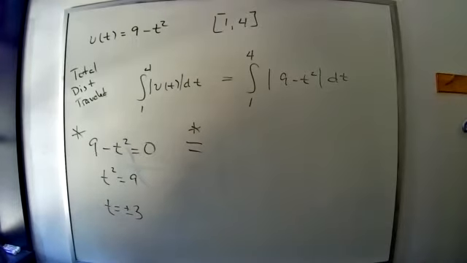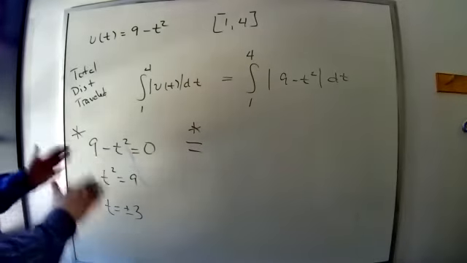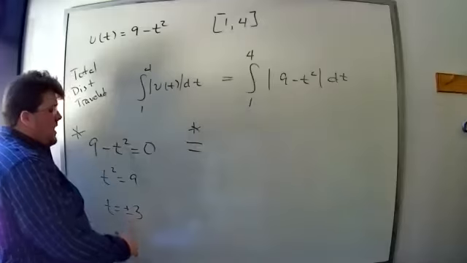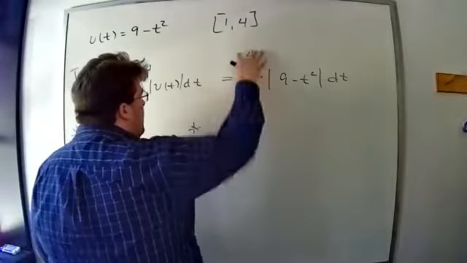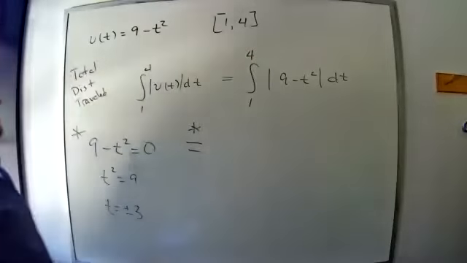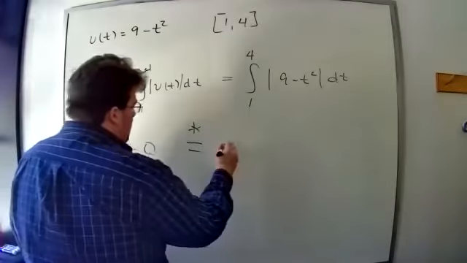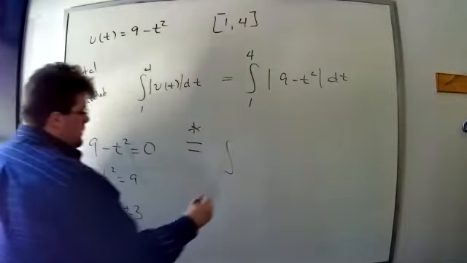It tells us the velocity is going to cross the x-axis at 3 and negative 3. So the absolute value is going to think differently on each side of 3 and each side of negative 3. But notice the negative 3 doesn't matter here because we're only looking at the interval 1 to 4. And the only value there between 1 and 4 is 3.